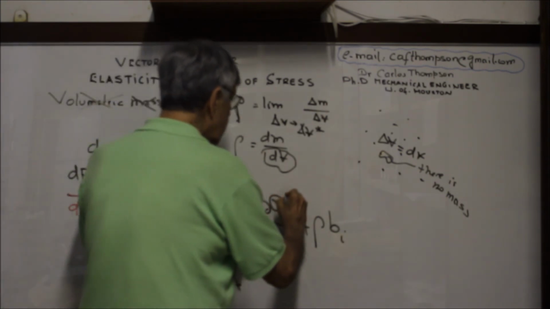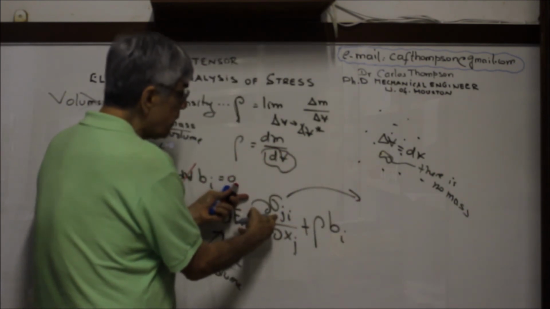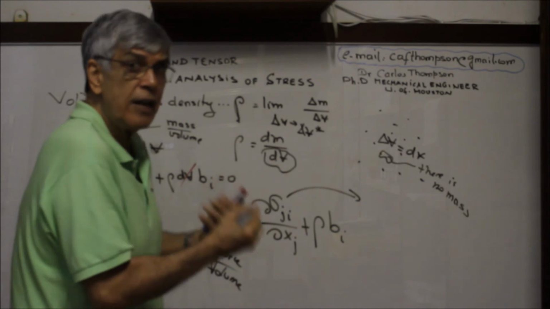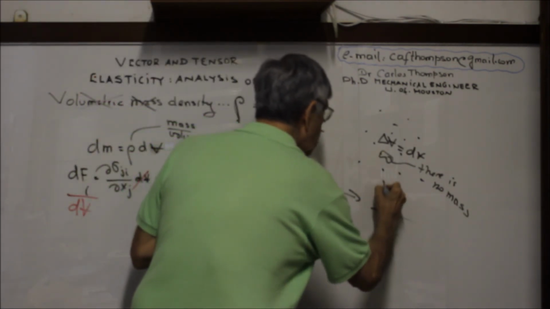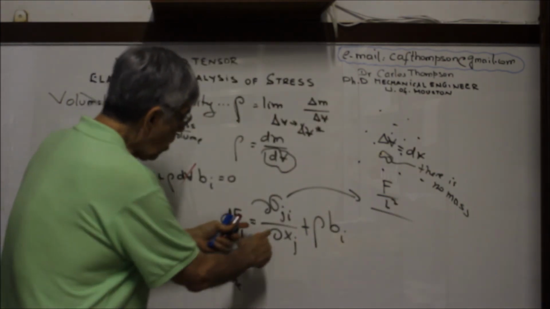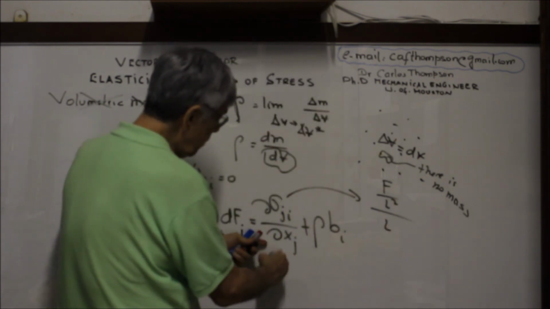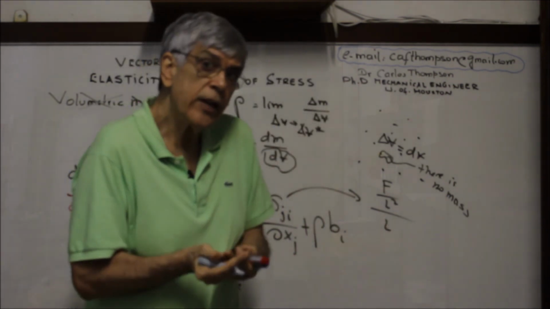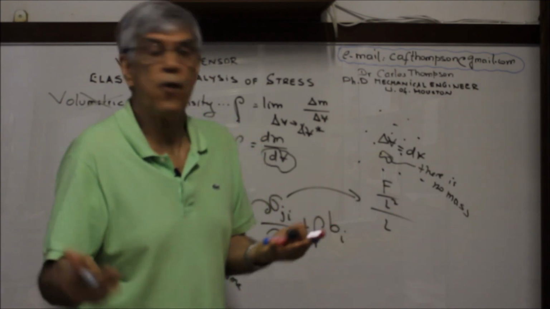Do you remember? Look. Variation of sigma has the same unit as sigma. So the numerator is force divided by area, length squared. Now, variation of x is length. Variation of length cannot be area, cannot be volume.